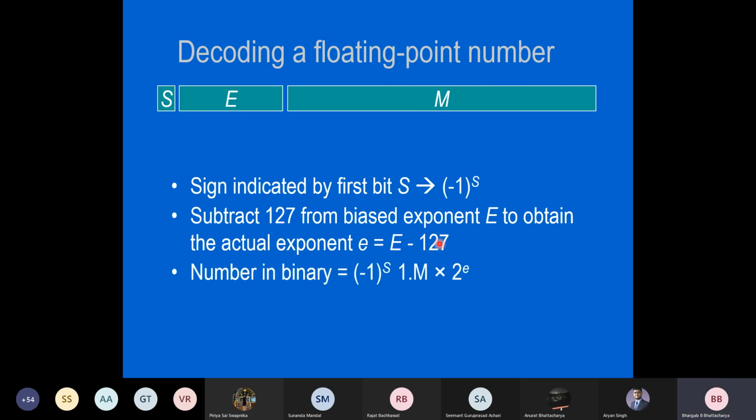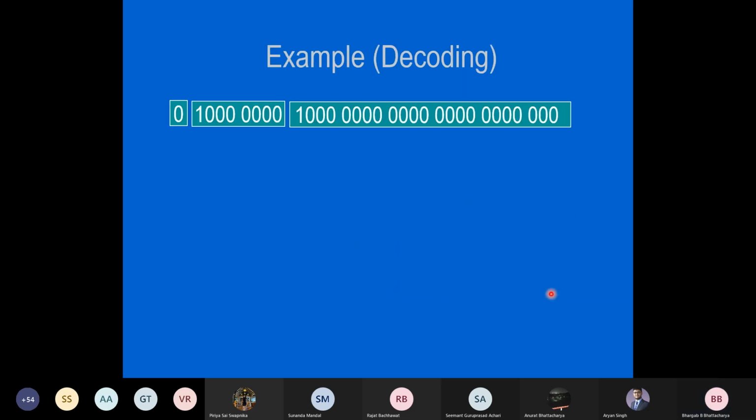And for the mantissa, I take this string of 0s and 1s that appears after the binary point, and before the binary point I restore this 1 which is hidden. Then the overall number becomes minus 1 to the sign bit, 1.m times 2 to the power e, right? That's what we've discussed so far.